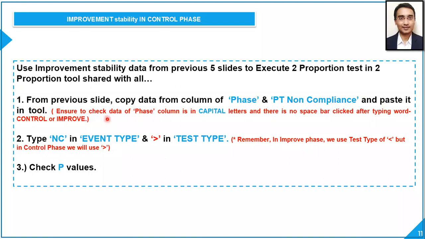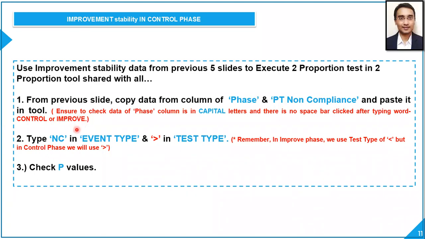Again, a couple of small suggestions for all of us. Ensure the data of the phase column is in capital letters and there is no space bar clicked after typing the word control or the word improve. So once you type the word control, after L please press backspace, and once you type the word improve, after E please press the backspace button on your keyboard.